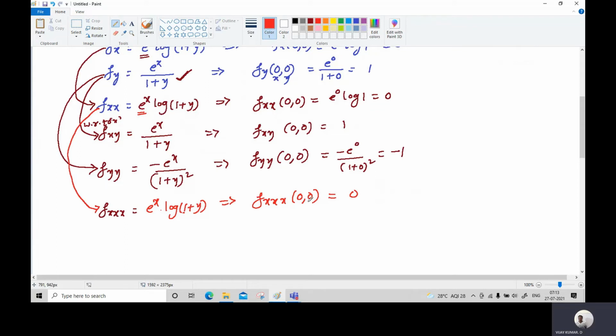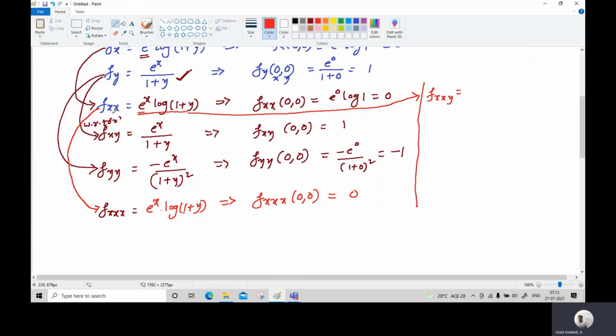Next, I will write here f double xy. F double xy we can find out from this. You can do it in any way because these are all continuous functions. You can take the partial differentiations in any order. Okay, f double x is there.